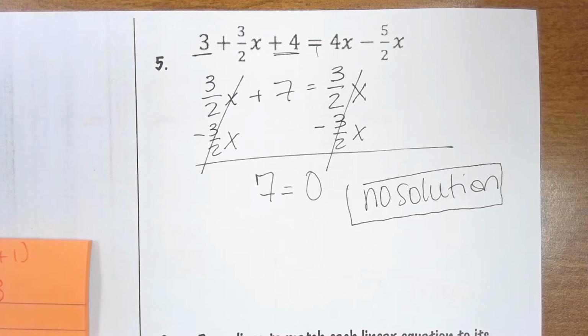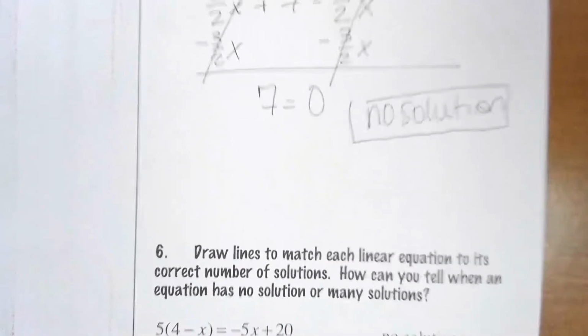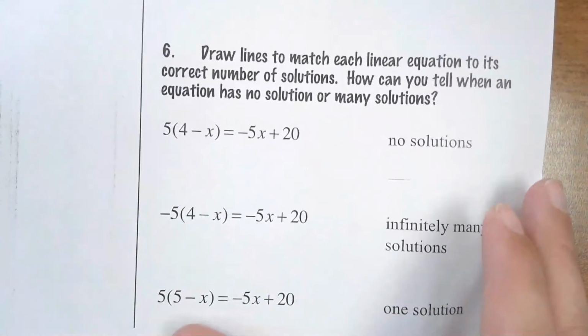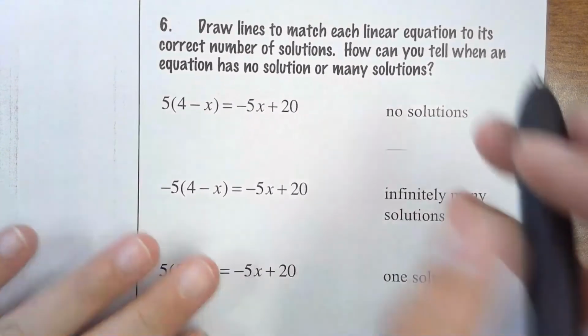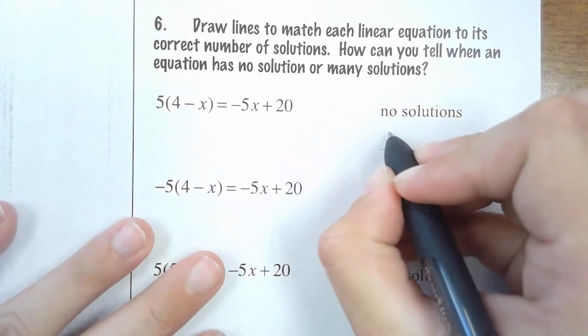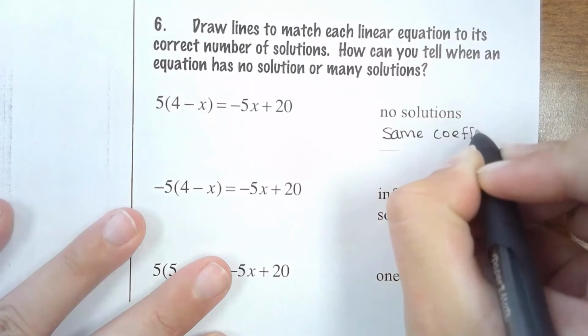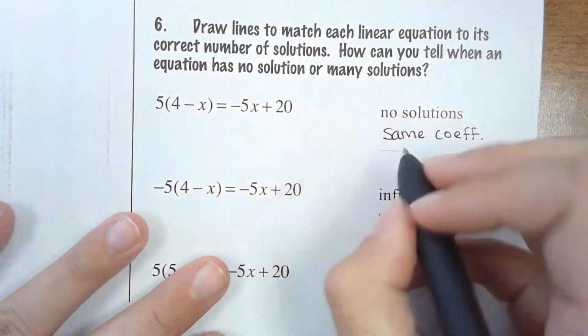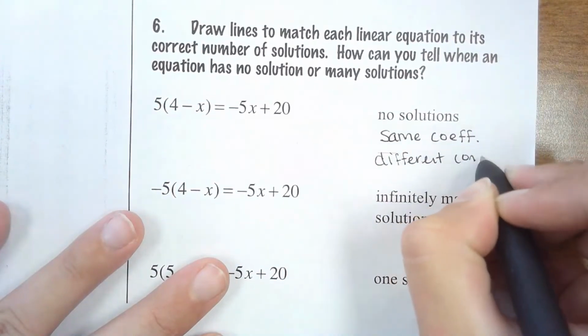Okay? So then the last part down here at the bottom is they want you to draw lines to match each linear equation to its correct number of solutions, and how can you tell when an equation has no solution or many solutions? So again, when you have no solutions, that means that you have same coefficient, different constants.